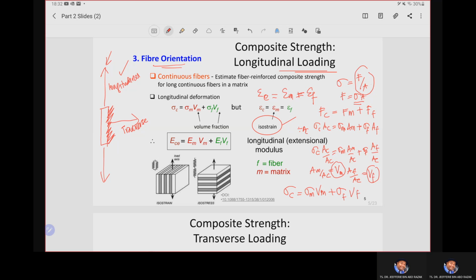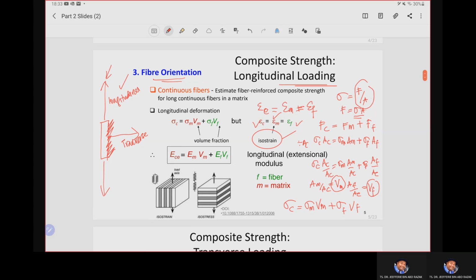Go back to the previous assumption of isostrain, that the composite strain is equal to the matrix strain and equal to the fiber strain. Now divide all terms of the equation by their respective strain.